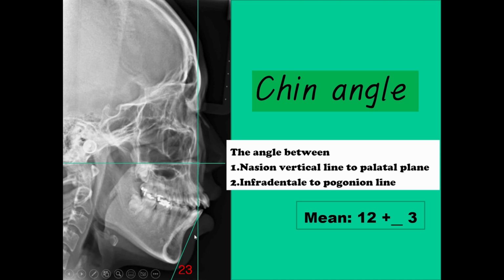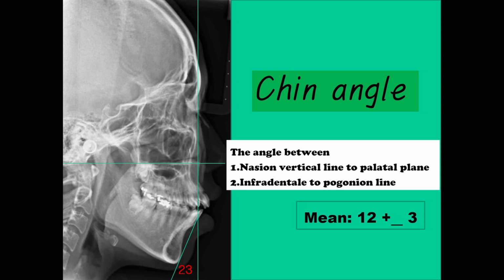And then another line is the chin line, from infradentale, the point on the bone, to Pogonion. Okay, the infradentale to Pogonion line, this line. So we can evaluate the angle between the vertical line to the Frankfurt plane, this line, and another line, this line. Its mean is 12 plus or minus 3.